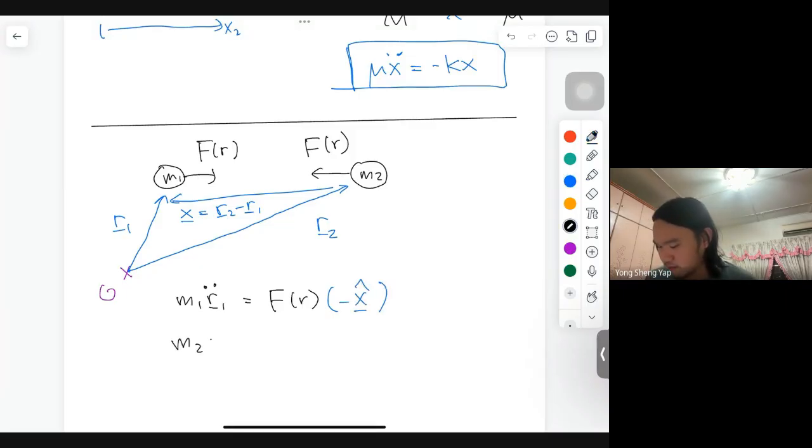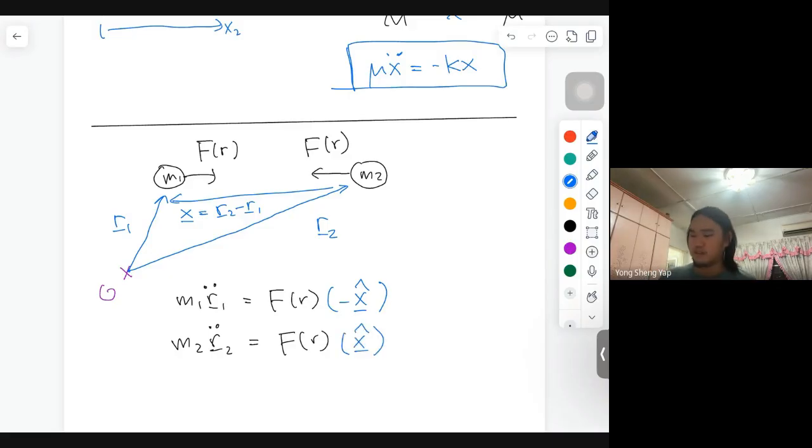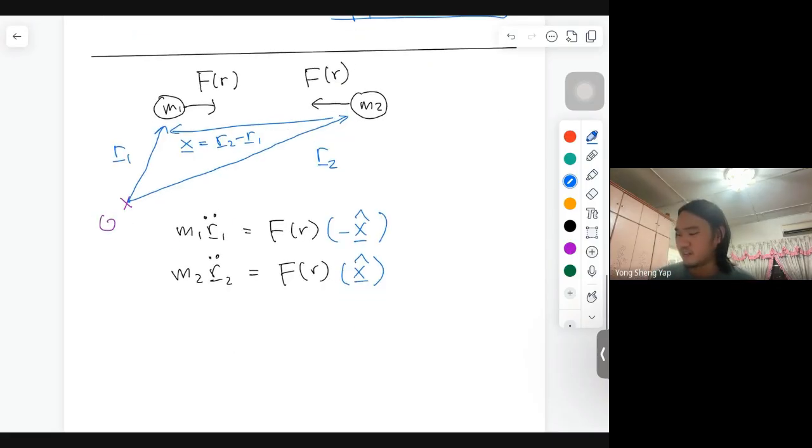And then the second body will experience an acceleration given by the force from mass 1, but pointing in the opposite direction. You can always do this trick.